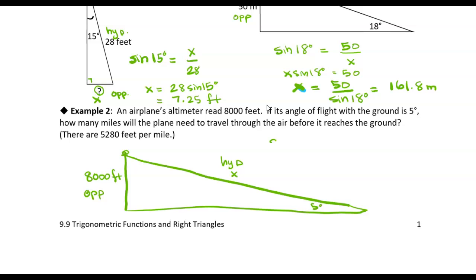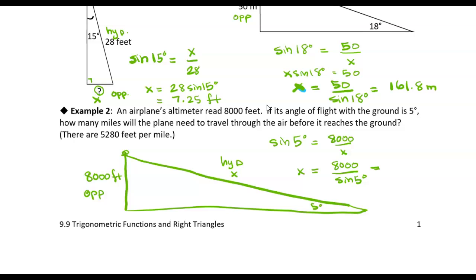So I'm going to write the sine of 5 degrees is equal to opposite over hypotenuse, so 8,000 over x. Then I need to solve for x. Similar to the problem we just did, x is going to be equal to 8,000 over the sine of 5 degrees.